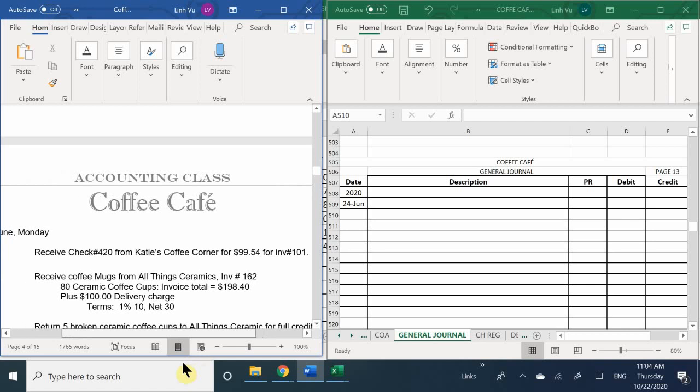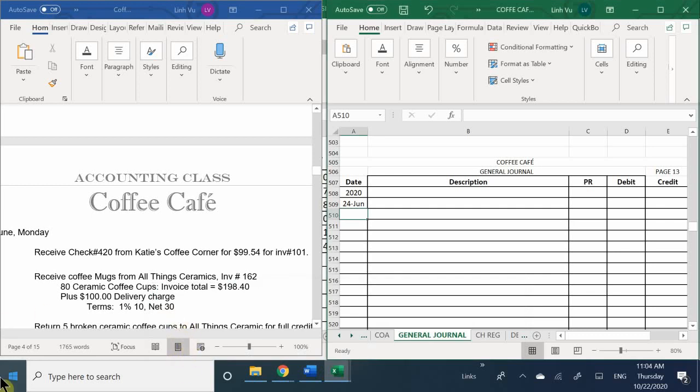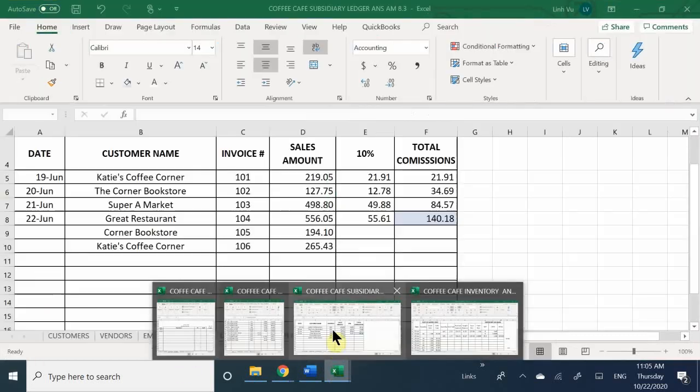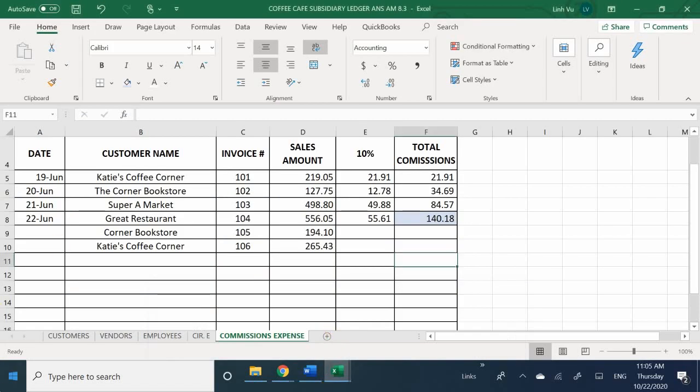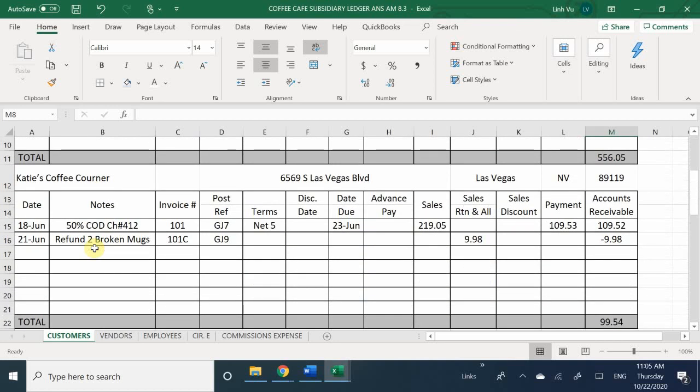So we're going to go look at the subsidiary ledger of customers, and then Katie's Corner. And we see there's a balance due of 99.54, which is what she's paying.